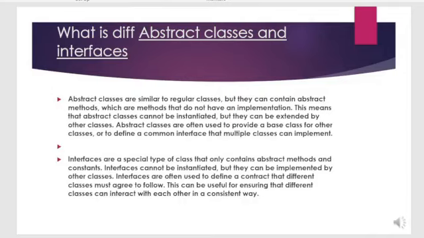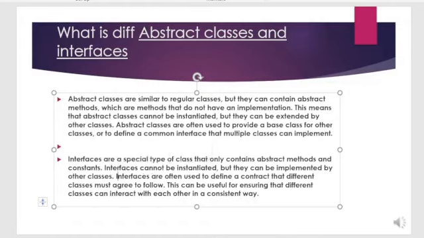Interfaces are a special type of class that only contain abstract methods and constants. An interface cannot be instantiated, but it can be implemented by other classes. You cannot instantiate the interface, but you can implement the interface.